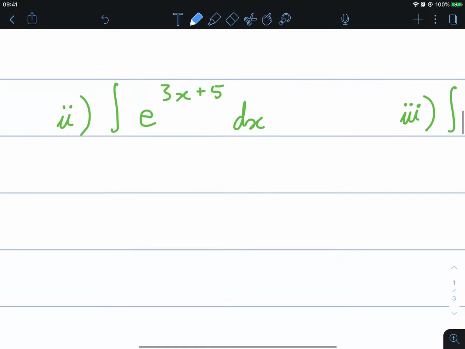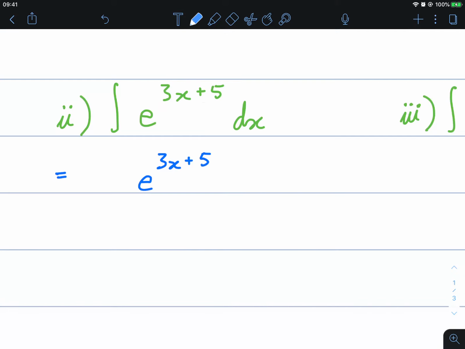Let's do another example here. Again, it's going to be the exact same expression, e to the 3x plus 5, but we're going to divide by the coefficient of the linear expression. I'm going to emphasize that because there's not a squared on the x or a cubed or anything like that.